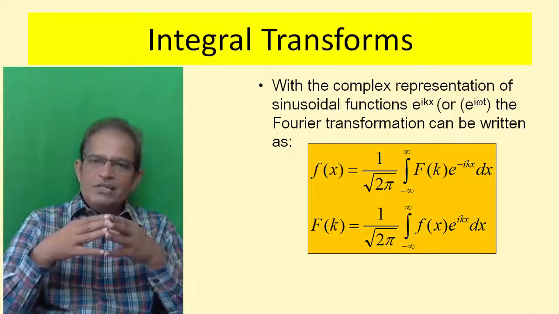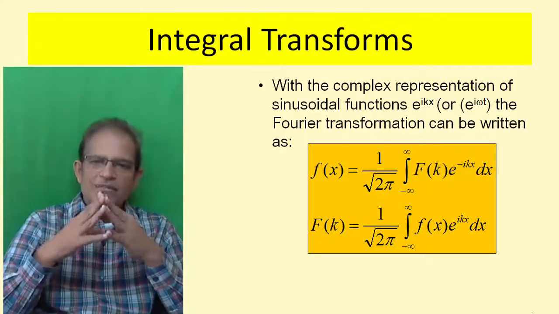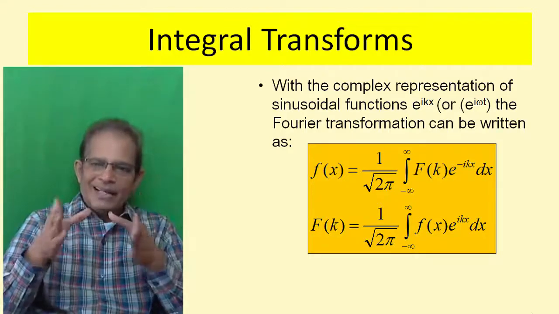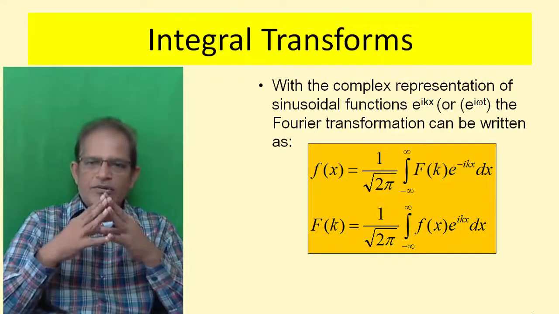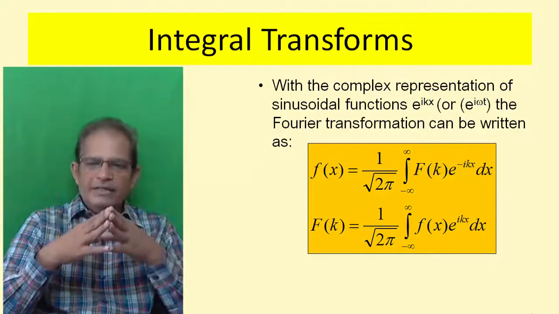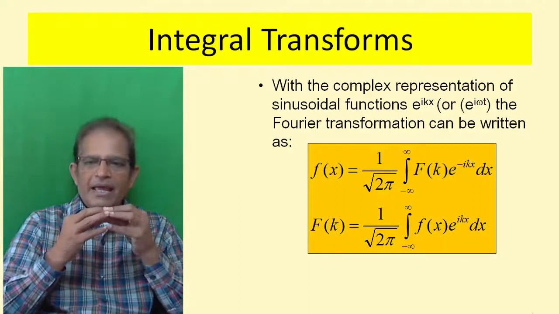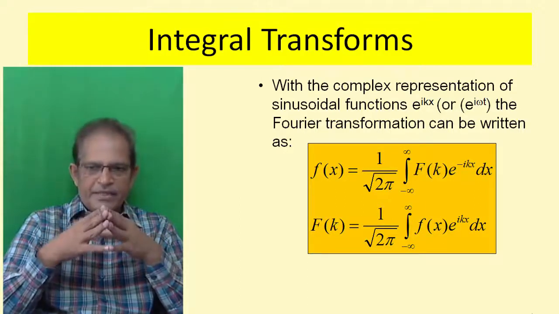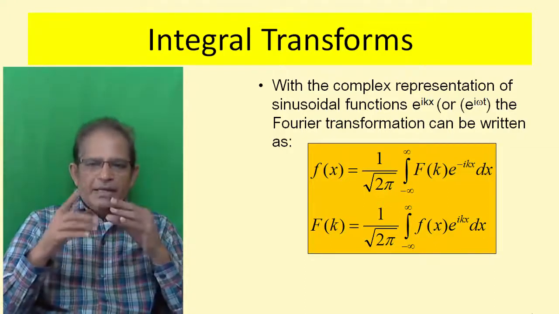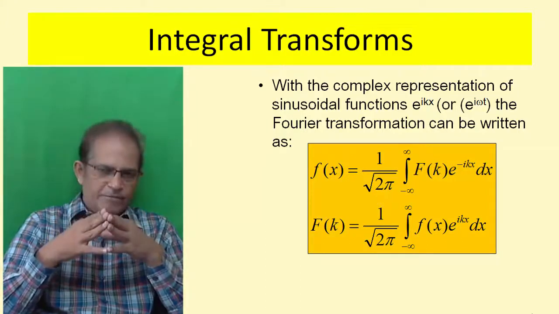So in this topic of integral transforms, how to define Fourier transforms? With the complex representation of sinusoidal functions e power ikx or e power i omega t, the Fourier transformation can be written as small f of x is equal to 1 by root 2 pi integral from minus infinity to infinity capital F of k e power minus ikx dk. k is the variable, and capital F of k is equal to 1 by root 2 pi integral from minus infinity to infinity f of x e power i small kx dx.